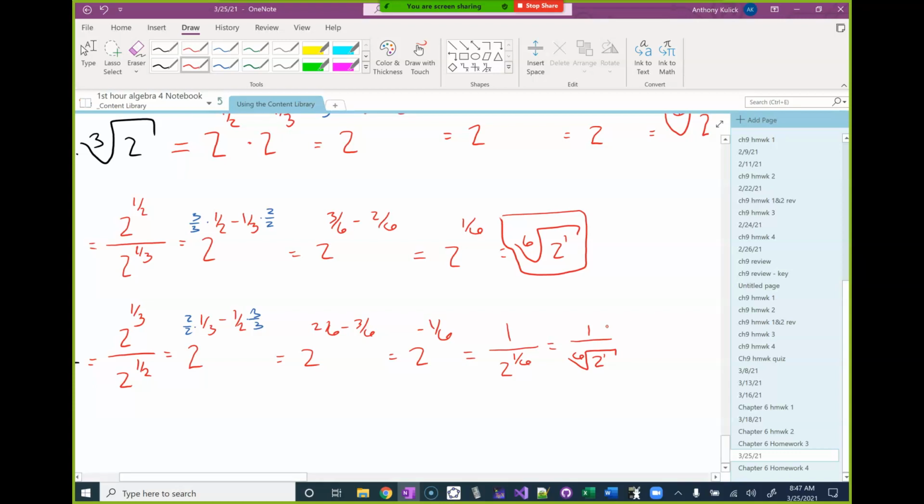Right now we have a 2 to the 1st underneath that 6th root. How many 2's do I need underneath that 6th root for it to go away? 6, because it's a 6th root, right? I have one 2. How many more do I need? 5 more. So I'll multiply the top and bottom of this fraction by the 6th root of 2 to the 5th.